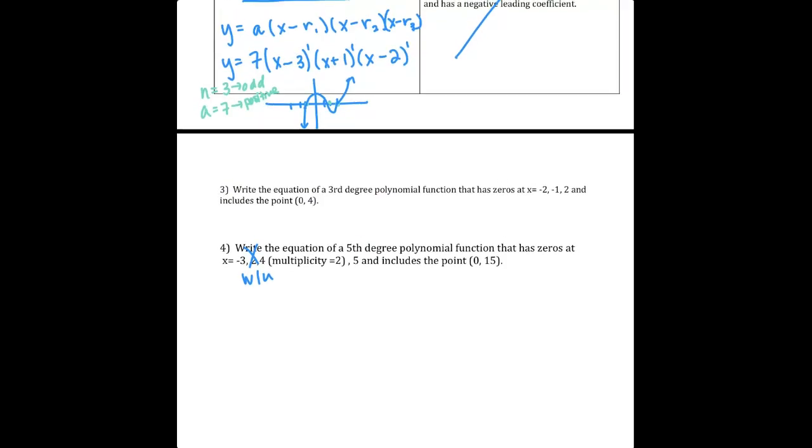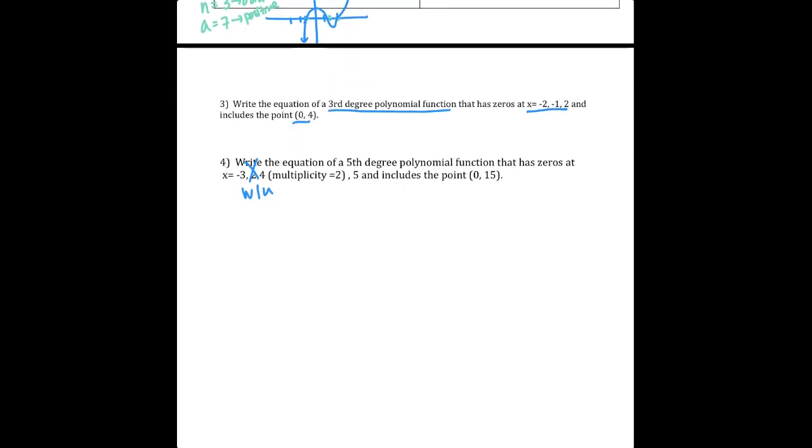The third one, write the equation of a third degree polynomial function, again, that has zeros at -1, -2, and 2, and includes the point (0, 4). Okay, so again, in factored form, a times x plus 2 times x plus 1 times x minus 2.